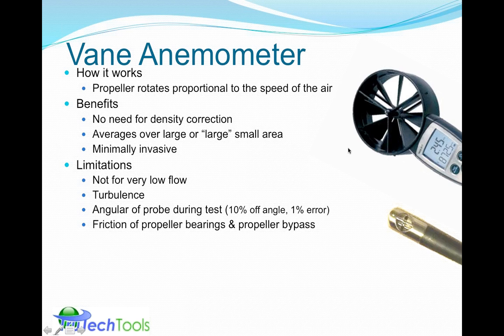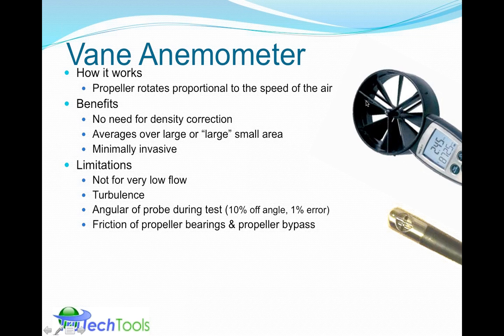Having the probe at the incorrect angle during a test doesn't usually cause too much of an error. In fact, 10% off angle produces only about a 1% error variation in the tests that we've run on it. Also you have to be aware of the friction of the propeller bearings and the amount of propeller bypass. The propeller bearings are the devices that hold that shaft in place, and you make sure they operate pretty freely.